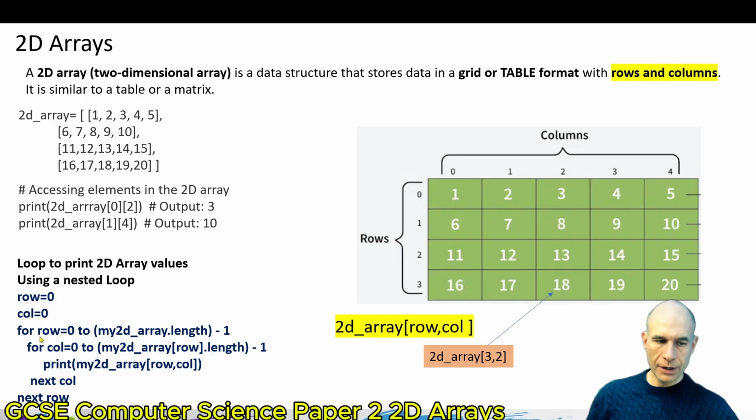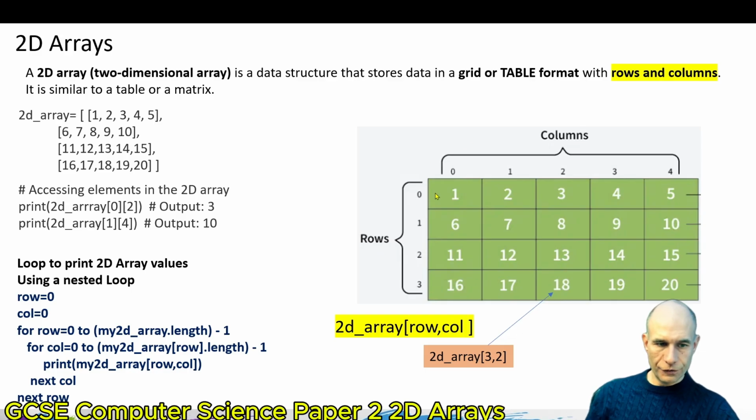I create a variable called row, and I start from 0 to my 2D array.length. This is the number of rows I have inside the array, minus 1, of course. This loop will go over each of these rows: this row, this row, this row, this row.